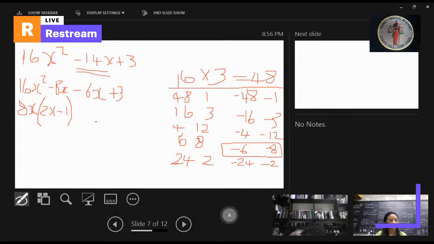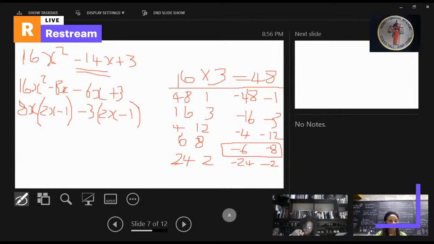The number that can go into both of those is negative 3. Negative 3 into negative 6x goes 2x times, and negative 3 into positive 3 goes negative 1 times. Check and make sure you have the same thing in the bracket.